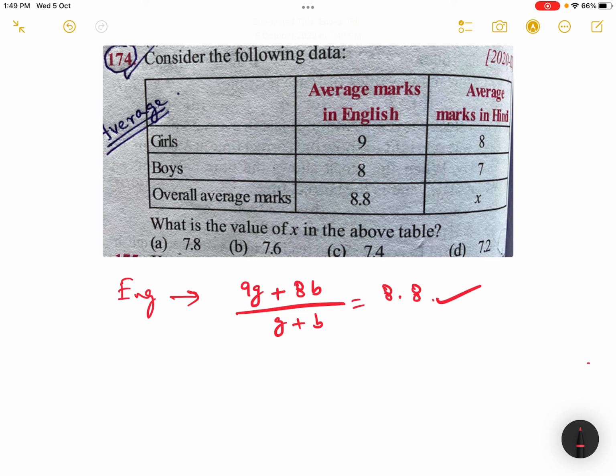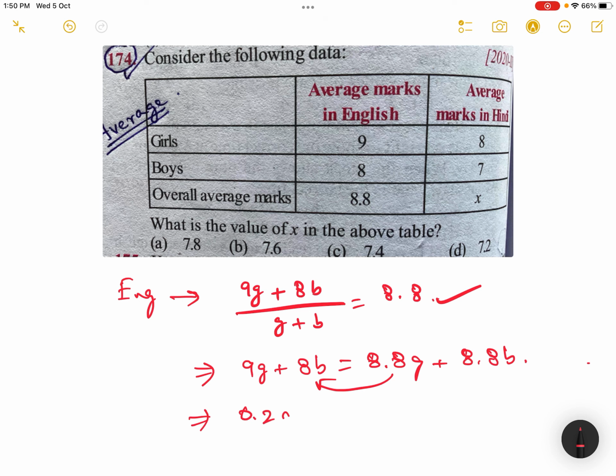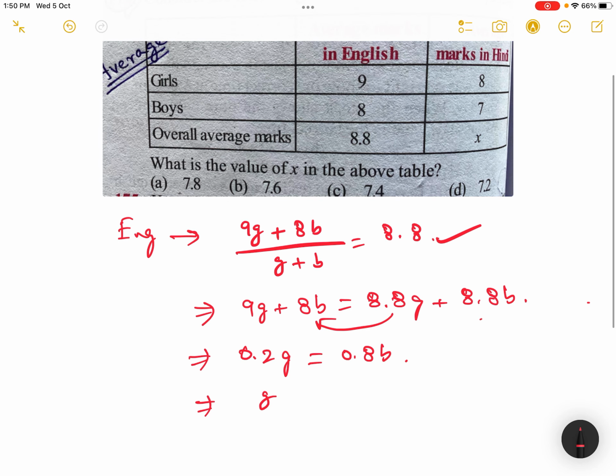Because we need to know the ratios first. This implies 9G plus 8B would be equal to 8.8G plus 8.8B. You transfer this side, so it will be 0.2G equal to 0.8B. So we find the ratio G upon B would be 4:1.